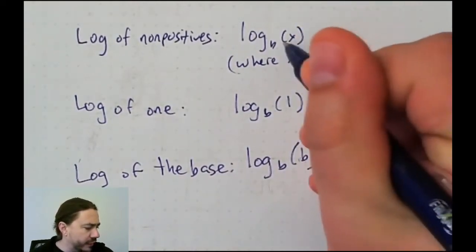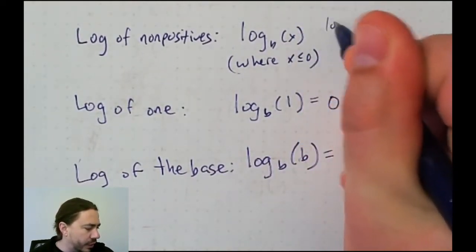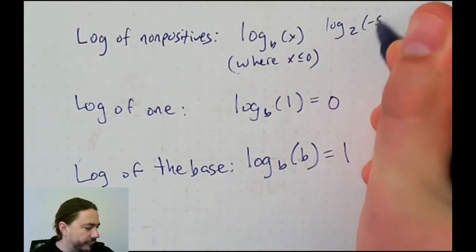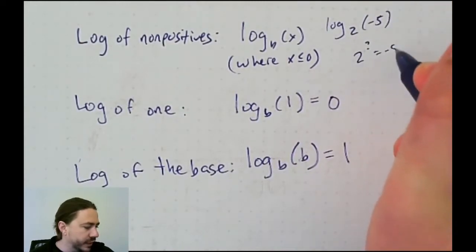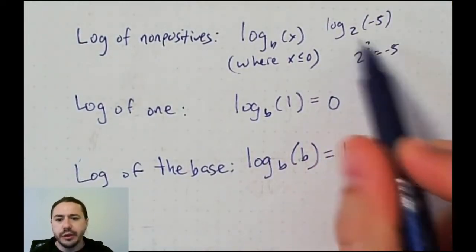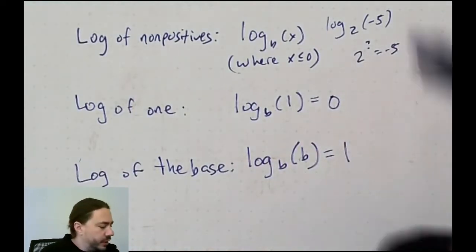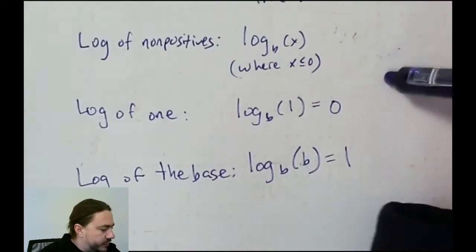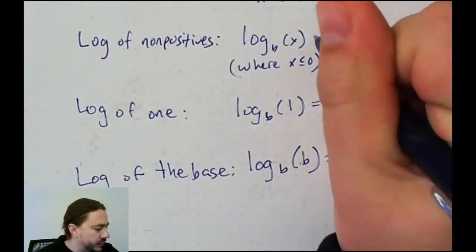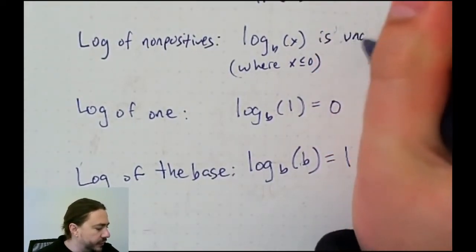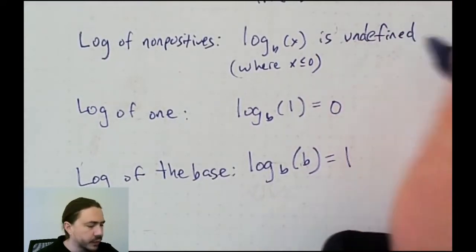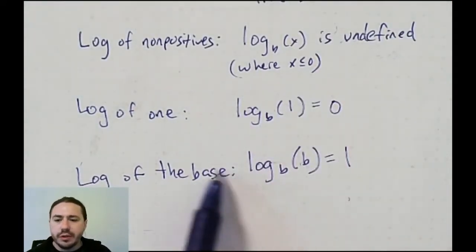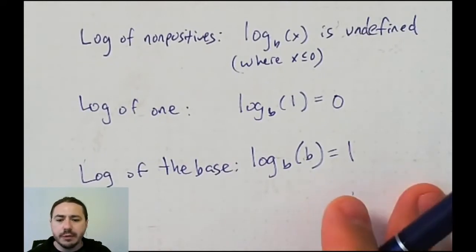Because let's say you have log base 2 of negative 5. Well, 2 to what power is negative 5? There is no real number that will make that happen. So whenever you have a negative number or a 0 on the inside of those parentheses, you're going to say it's undefined. There's no value. So these three are ones that you want to be aware of. These are going to pop up from time to time.